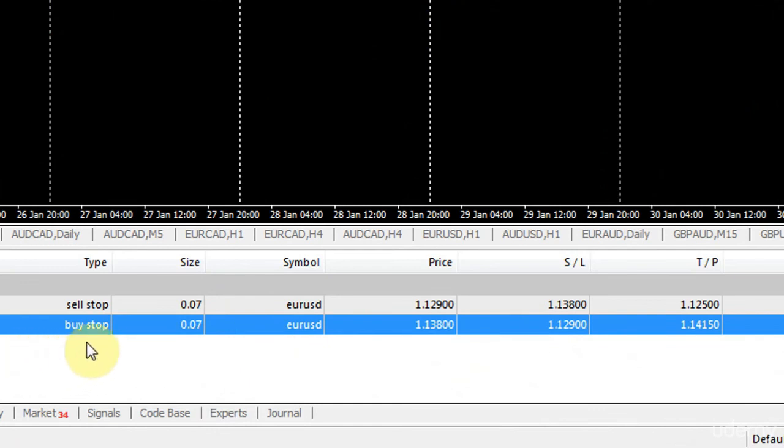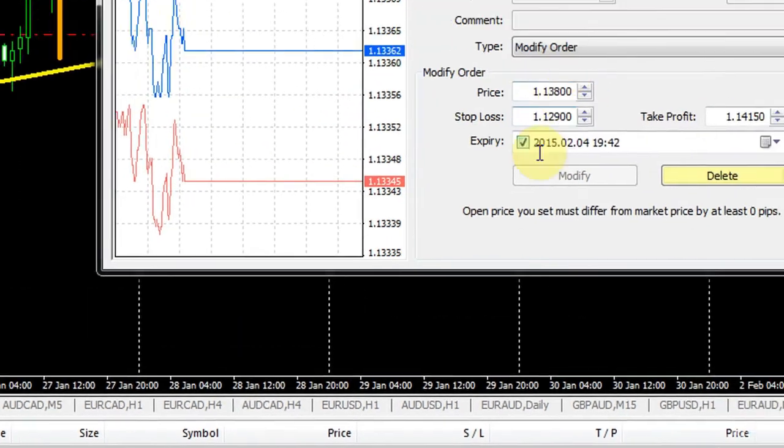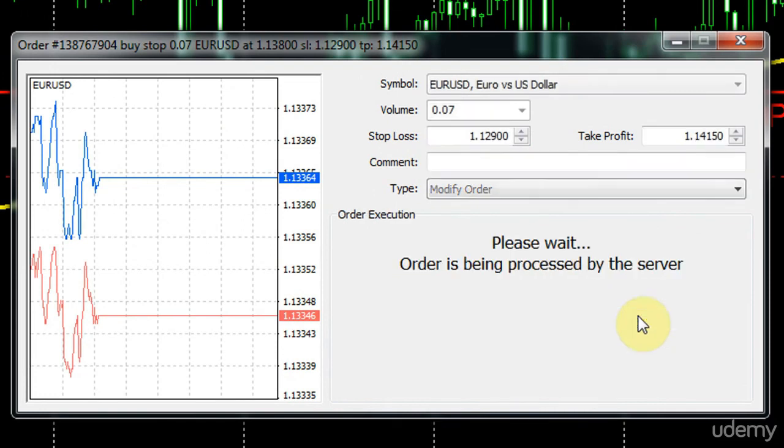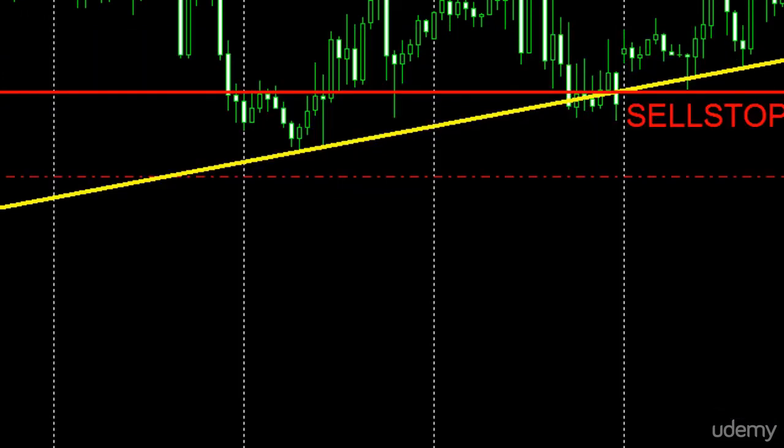So you just need to quickly double check everything here. For instance, I can see right away that I set the wrong volume for the buy stop order, and I'm just going to therefore delete this buy stop order and reset it.